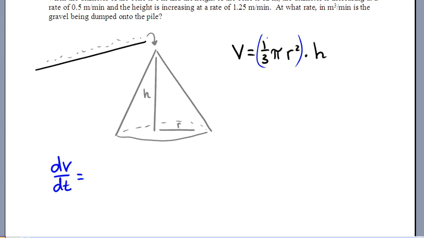So my first factor in the product rule, doing a time derivative, I'm going to cheat and do an r derivative for a second, and I get 2/3 pi times r. But that was cheating. I treated that like an r derivative. I should have done a t derivative, so I'll just fix this here. dr/dt. Okay, that's the derivative of the first thing. Now I have to multiply it by the other thing left alone.